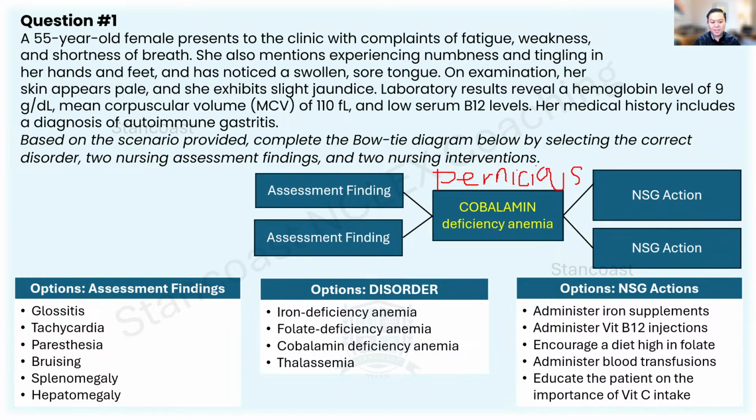Okay. Now, what are we going to do for this patient? Especially, what are those assessment findings that will support the diagnosis? Or before we go to do that, let's expound the different options or the other disorders. Why it's not going to be the iron deficiency anemia? Well, because the iron deficiency anemia will present with the microcytic type, okay?